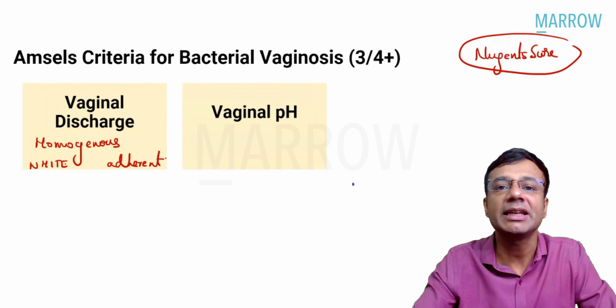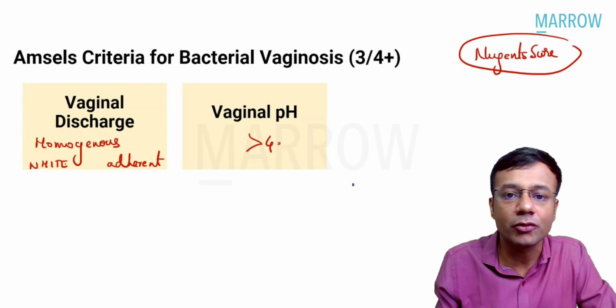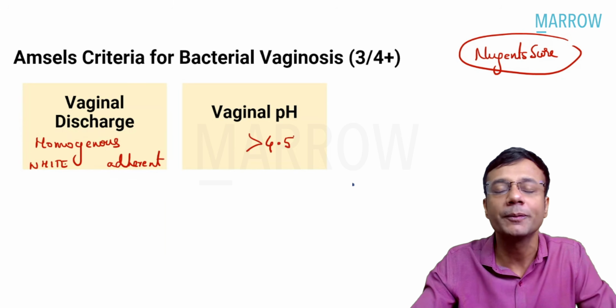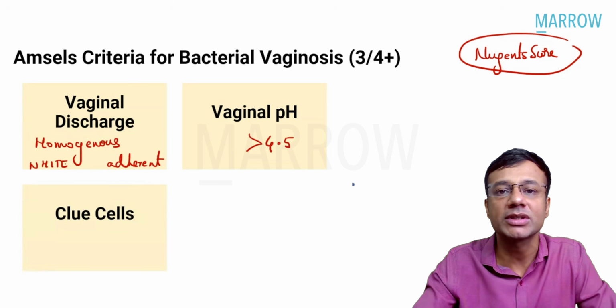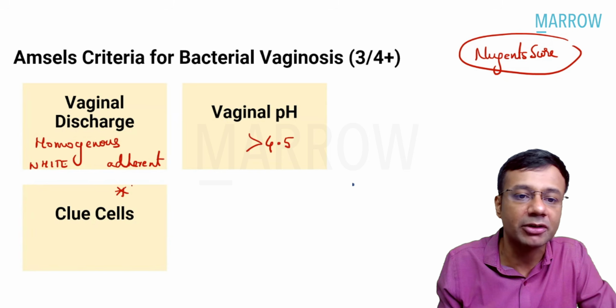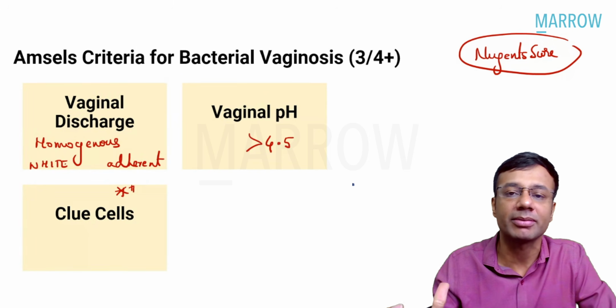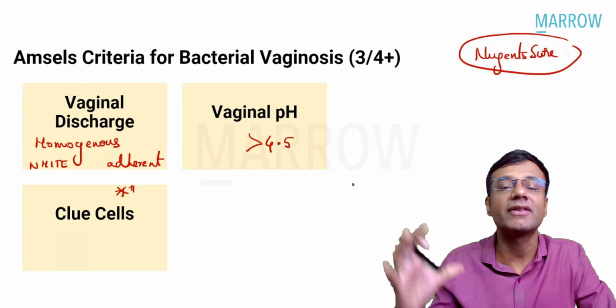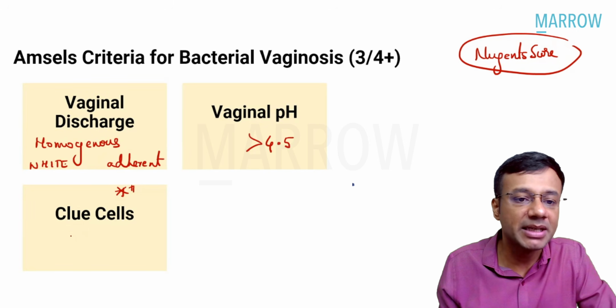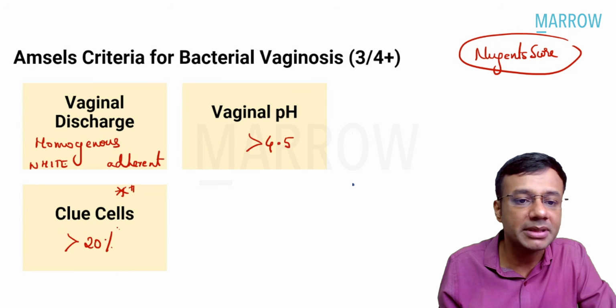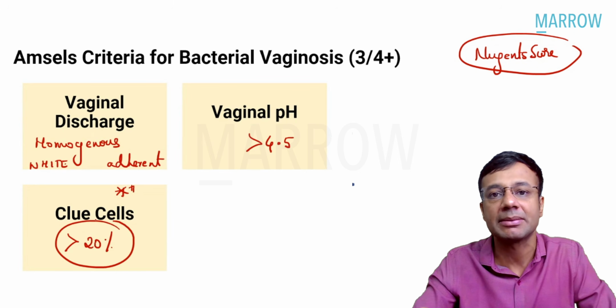Point number 2, the vaginal pH more than 4.5. Point number 3, the presence of clue cells. Clue cells have been asked multiple times. They are basically vaginal epithelial cells with a stippled border, because these cells are totally covered by Gardnerella vaginalis. Please remember one more thing which is usually missed by students: more than 20% should be there on wet mount examination.